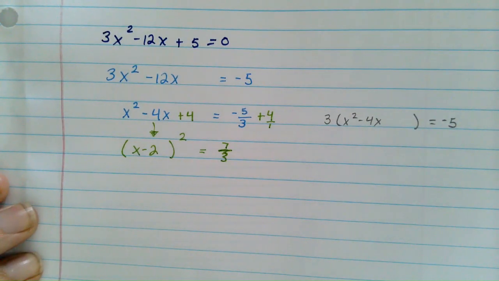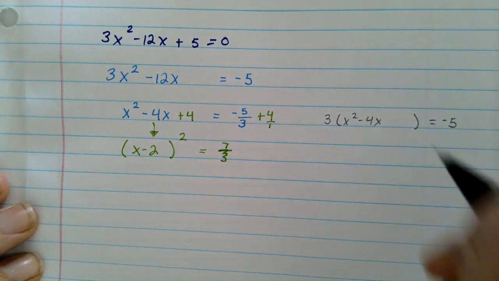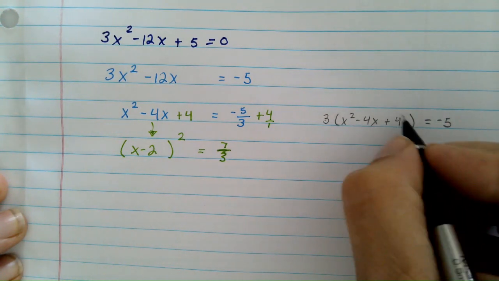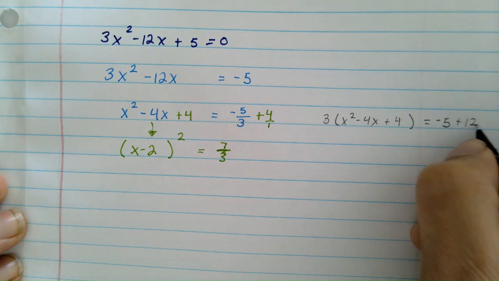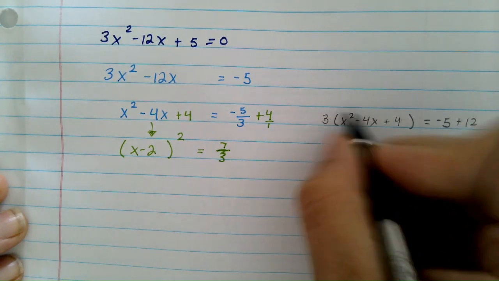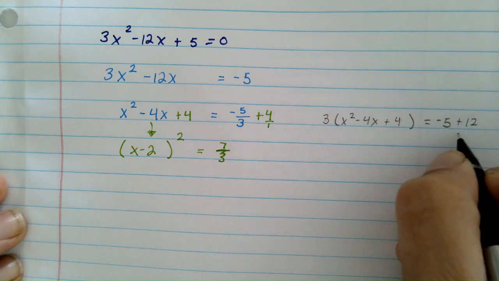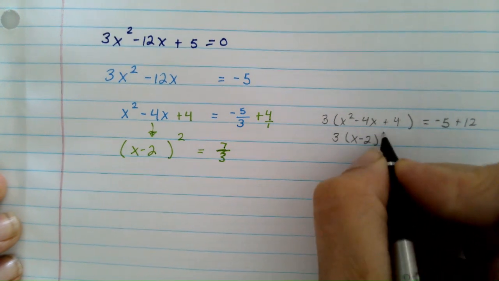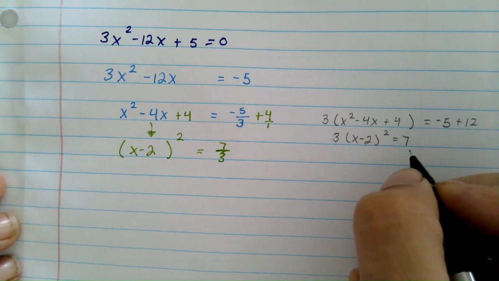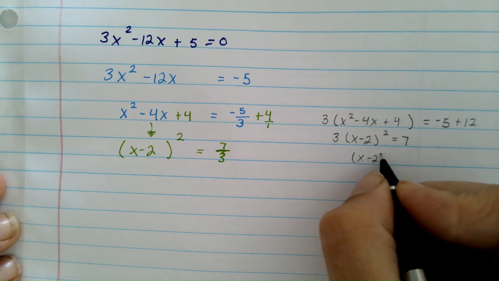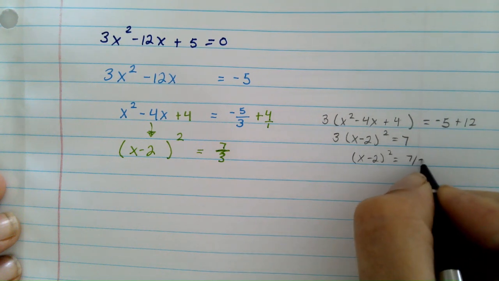What a lot of books will say will be, if you're going to put plus 4 in here, 3 times 4 is 12. You have to put plus 12 over here to keep both sides the same. Because if you had distributed it, you would have added 12 to the left, so you have to add 12 to the right. Well, now if we just take what they have there and divide by 3, we still get 7/3.